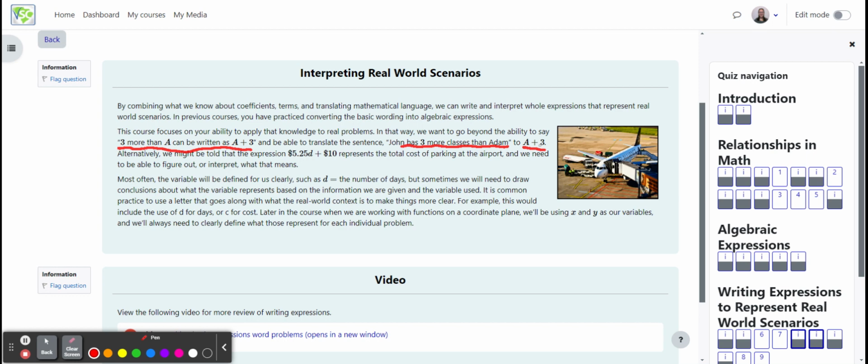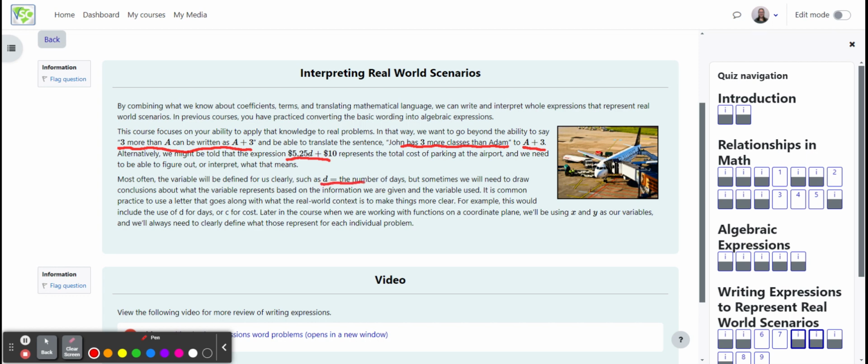We might also be told that we've got an expression of $5.25D plus $10 that would represent the total cost of parking at the airport, and we need to be able to figure out or interpret what that means.